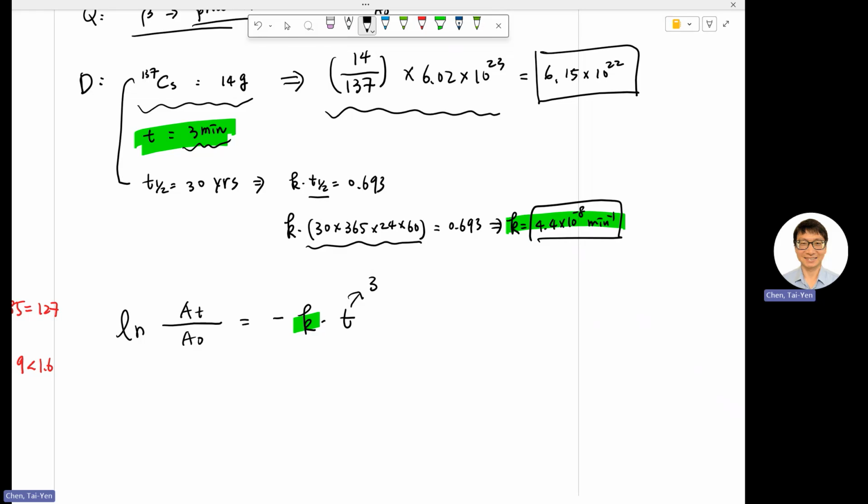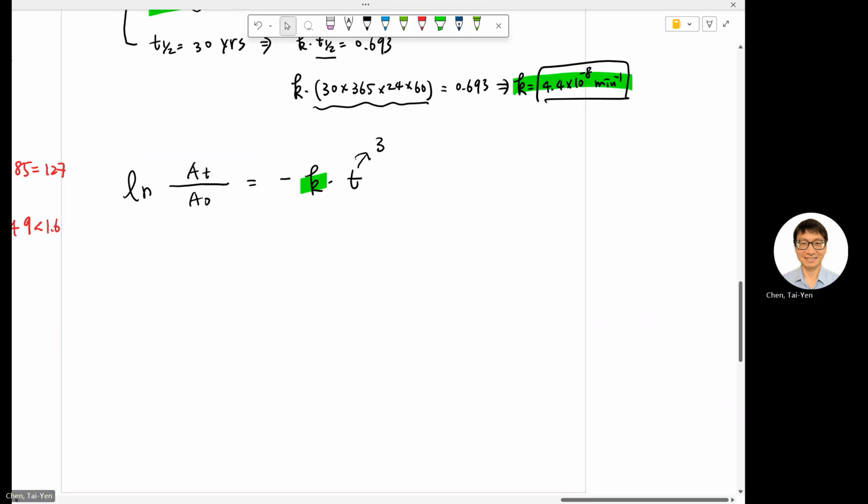And you want to know, after 3 minutes, how many of them undergo decay. So what you do is calculate how many of them remain, and the difference between that number and your original number will be how many atoms have undergone the beta decay. That will give you the answer you are looking for. Therefore, you put in natural log of 6.15 times 10 to the 22nd.